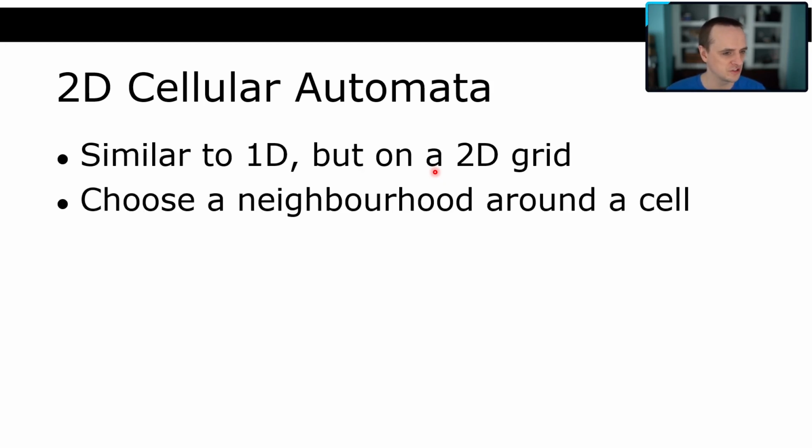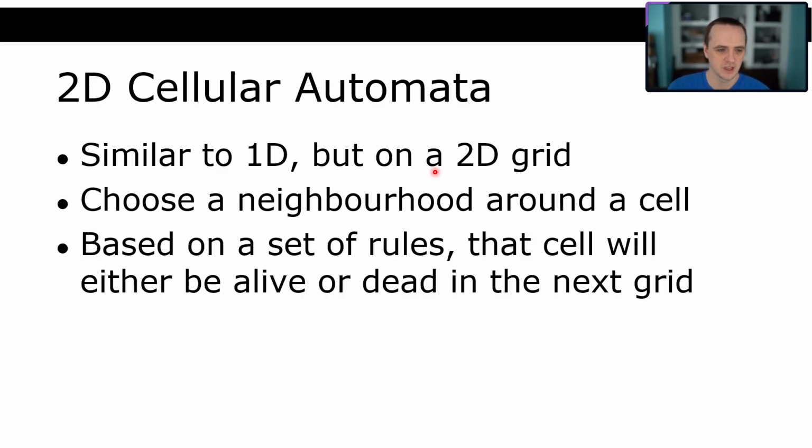So what we end up with is a three-dimensional structure, but kind of more interesting than that, we can come up with a two-dimensional animation because that's how our brains are able to view it in a more interesting way. Based on a set of rules involving the neighbors around itself in this two-dimensional grid, the cell that was either alive or dead in one grid will be alive or dead in the next grid.